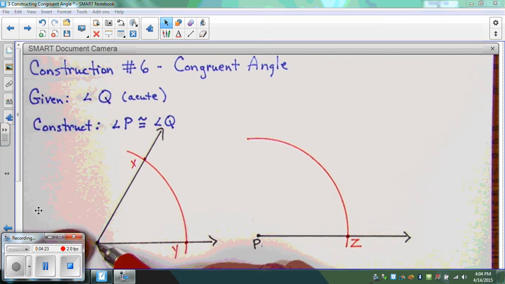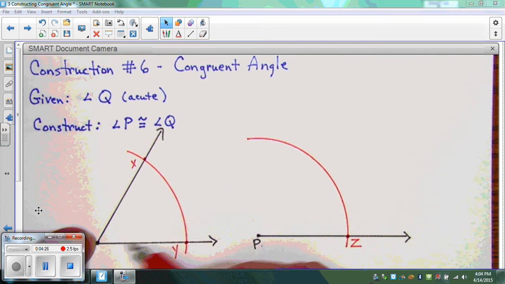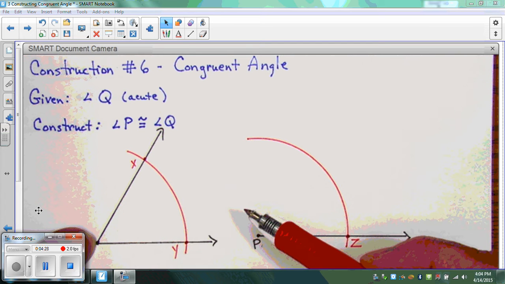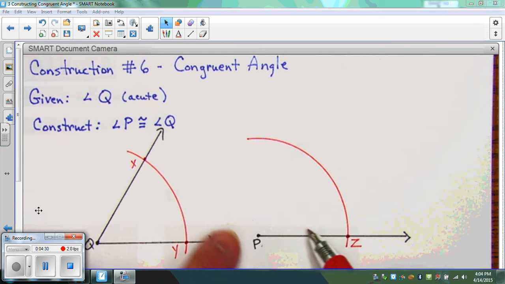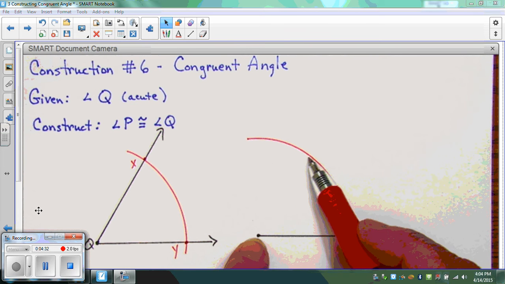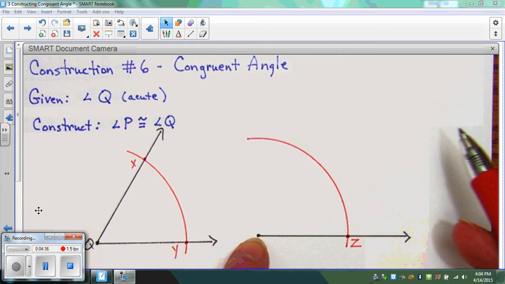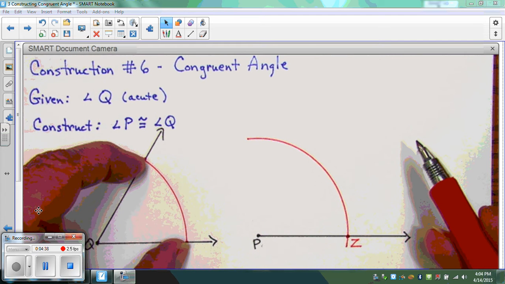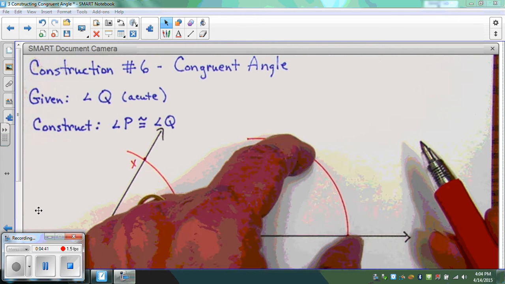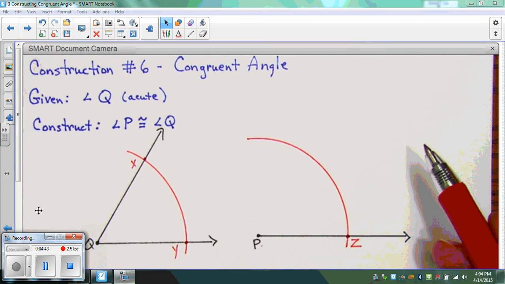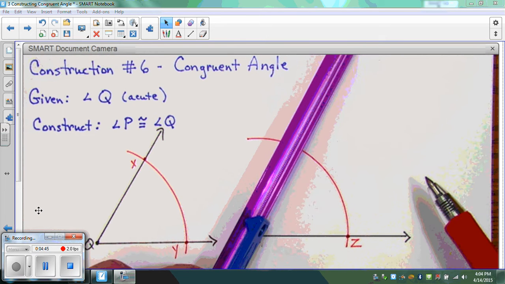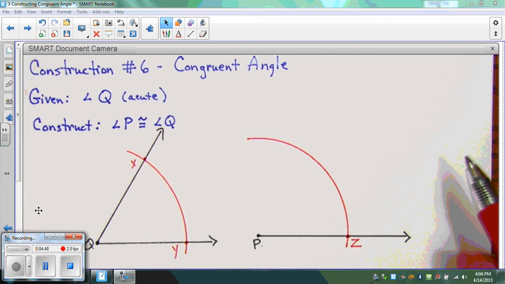Look, the vertex is at the center. This measure is equal to the measure of this arc. If I have a congruent circle and I have the same arc, it's going to give me the same angle. That's what we're going to do. We're going to now construct a congruent arc here, and that will be a congruent angle. So we'll end up getting our second side of the angle. So now let's measure.